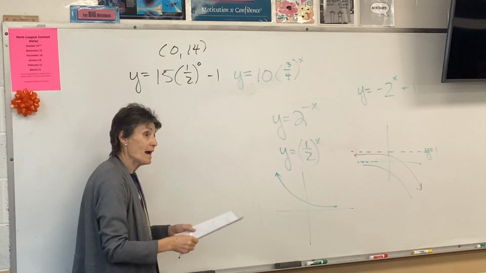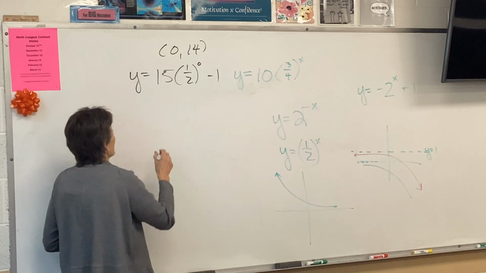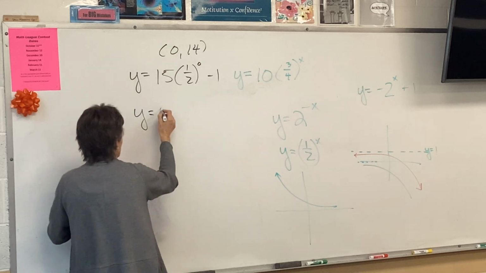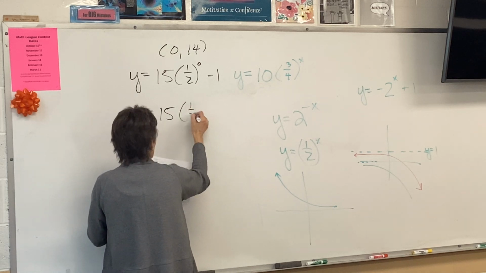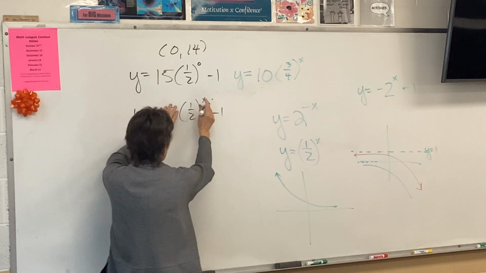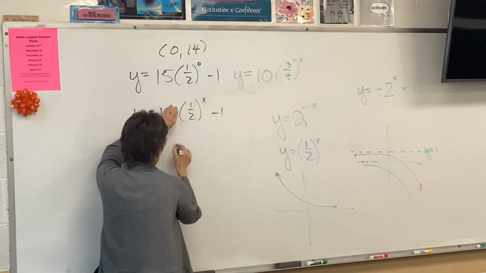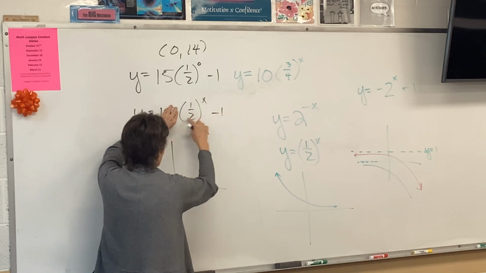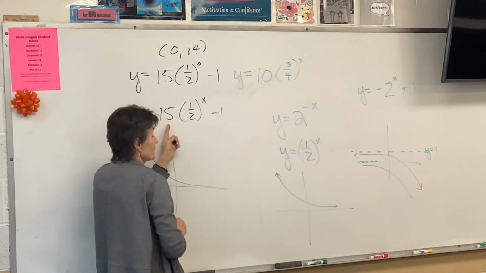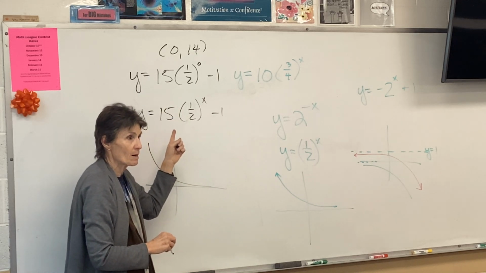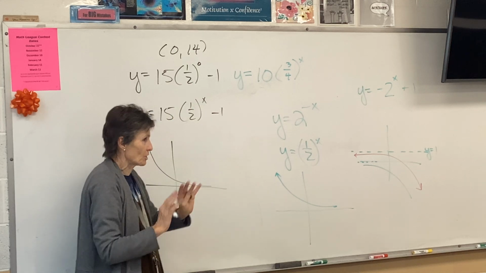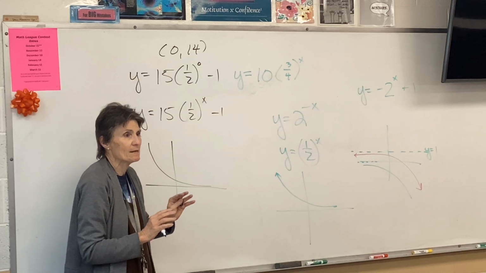Okay, now, asymptotes. Let's think about what the original problem looks like. Let's start right here. What does just this part look like? Decay. Now, multiplying it by a positive number makes it steeper, but it doesn't move it or change it in any way other than making it steeper.